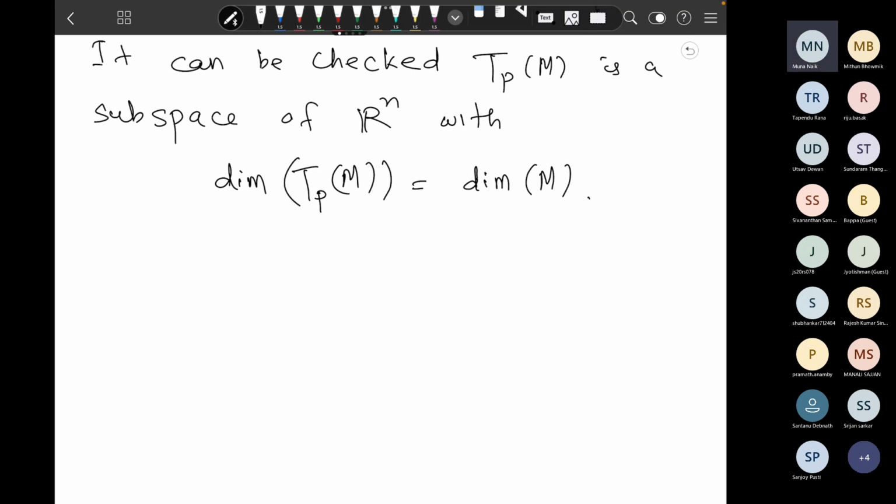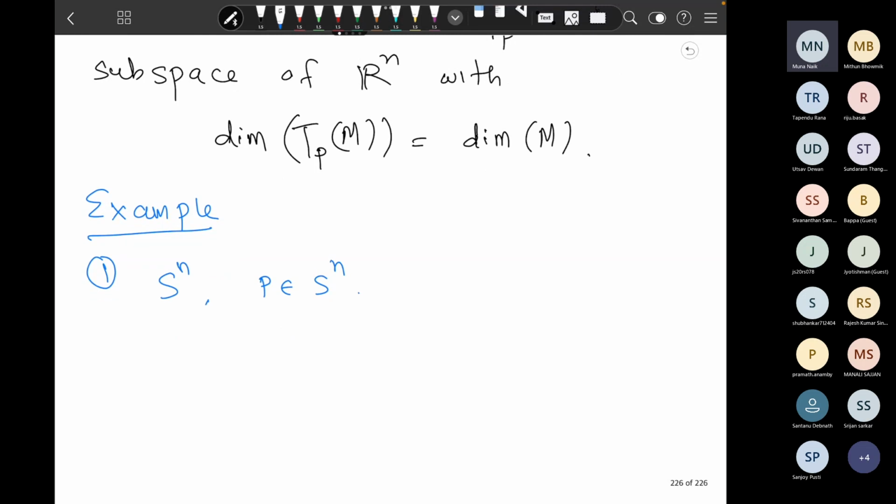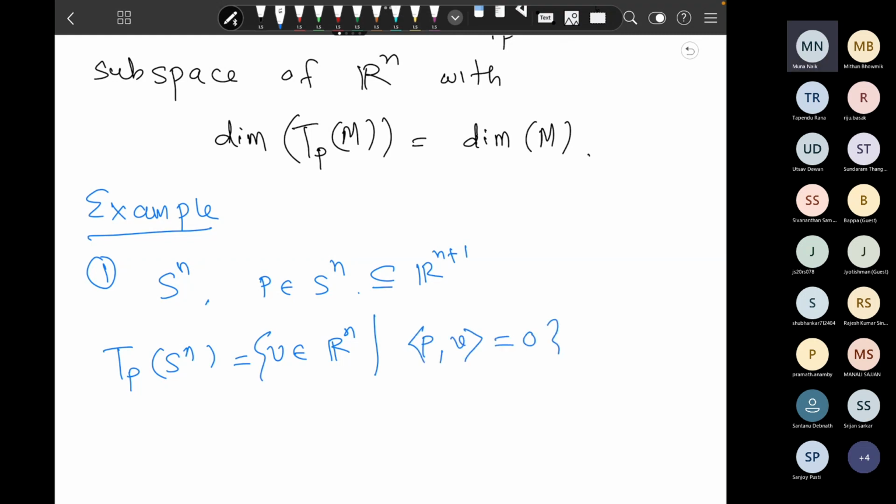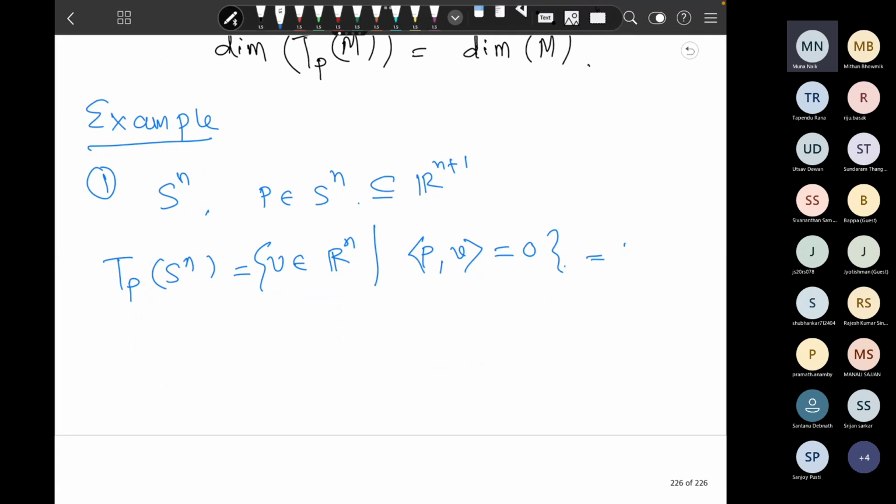This is our natural definition of the tangent space. As a first example, if you take p belonging to S^n, then T_pS^n is the set of v in R^(n+1) so that the inner product of p and v is 0. That is, v lies in p perp.